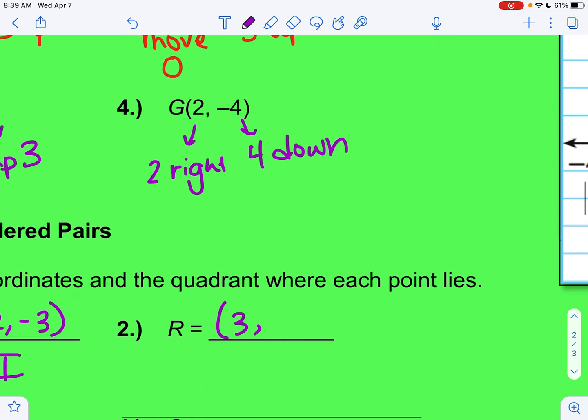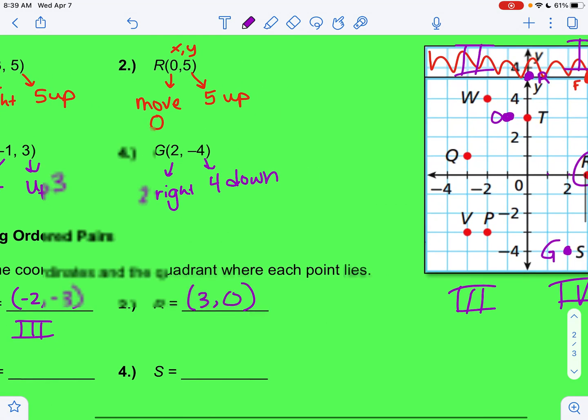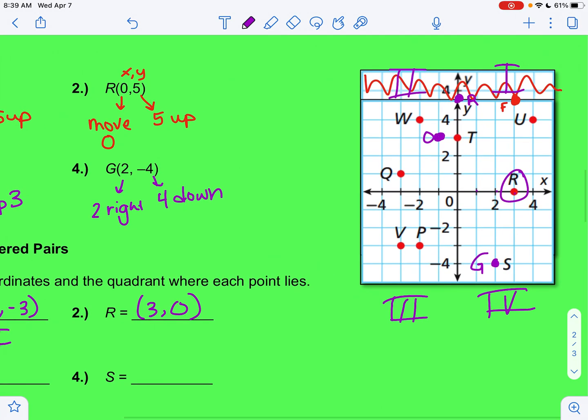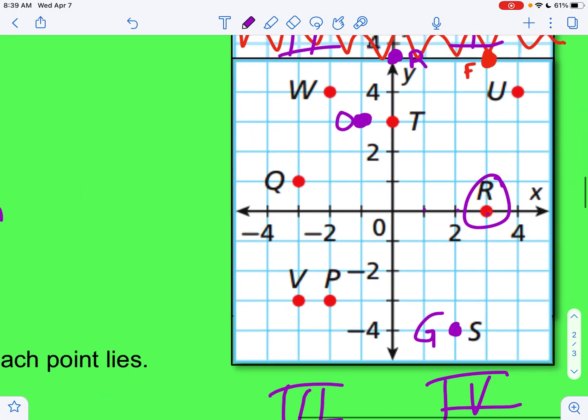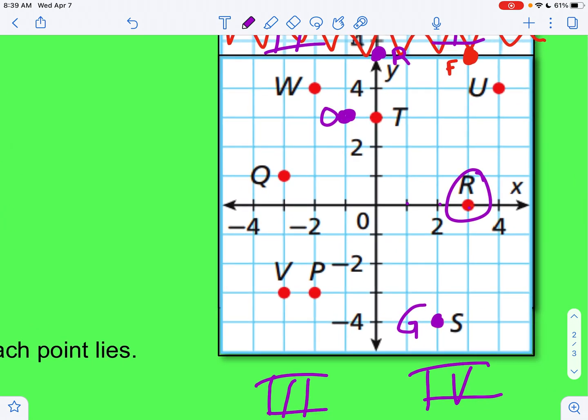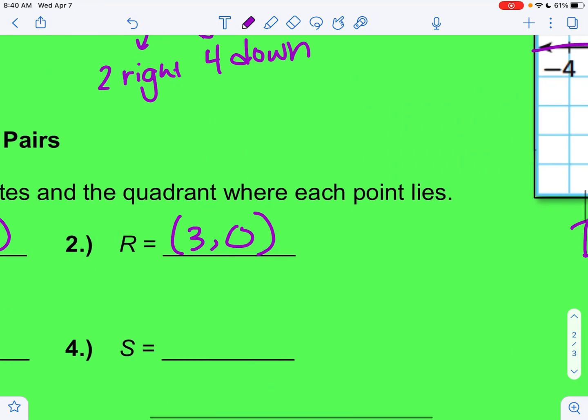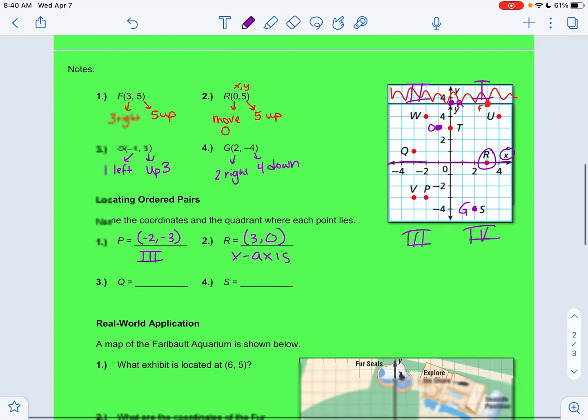So our second number is 0. And this time, it's not really in a quadrant, but it's on an axis. What axis is it on? Is it on our x-axis or our y-axis? Right, it's on our x-axis. And if you don't remember, it had an x right above our axis for us. So for number 2, we write x-axis.